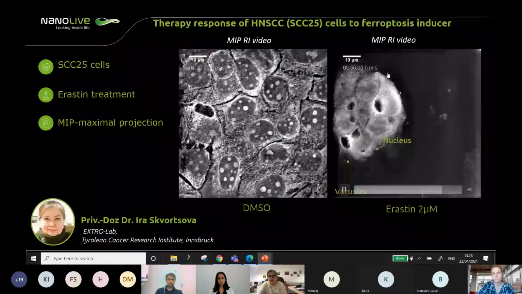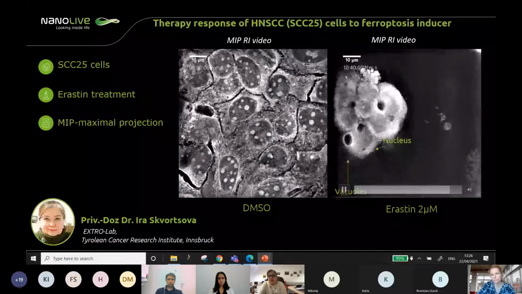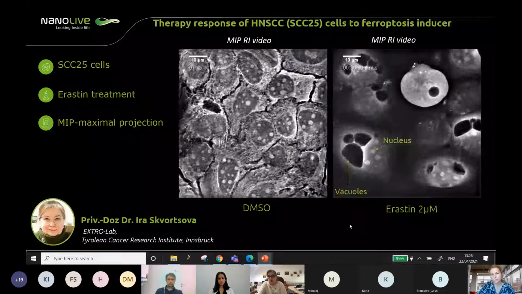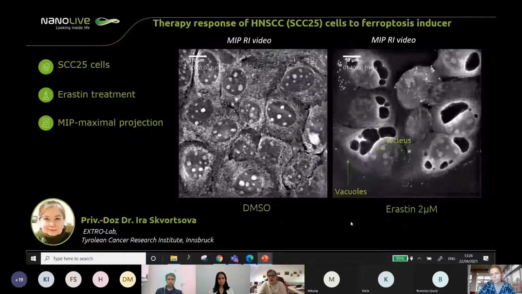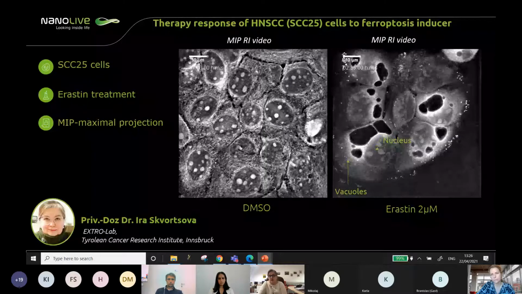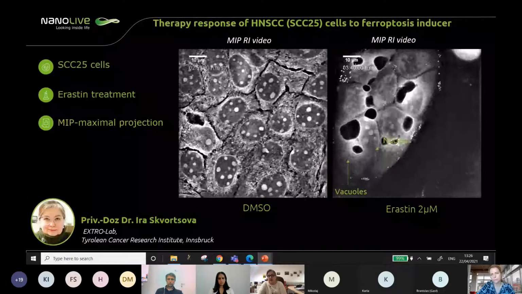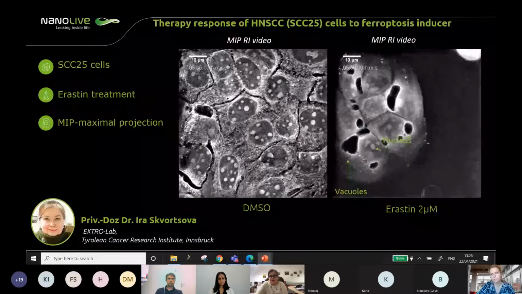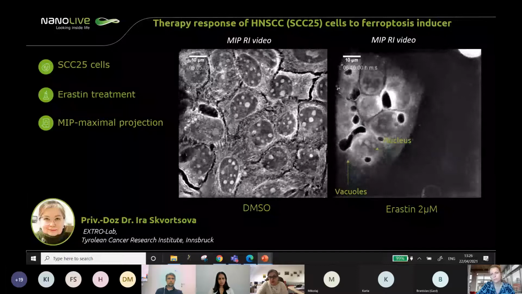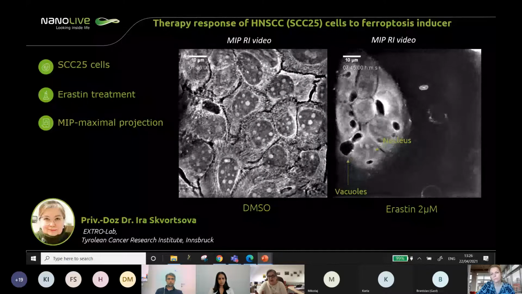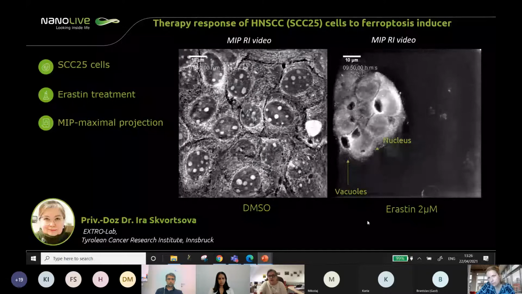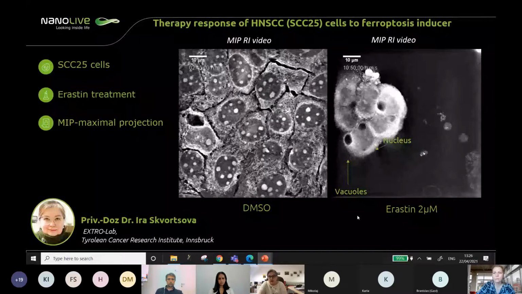What is also interesting is that upon the cell shrinkage, we could also observe the production and the release of vacuoles into the surrounding microenvironment, and these vacuoles contain also cellular material.